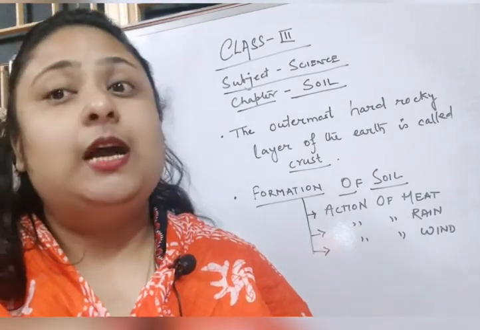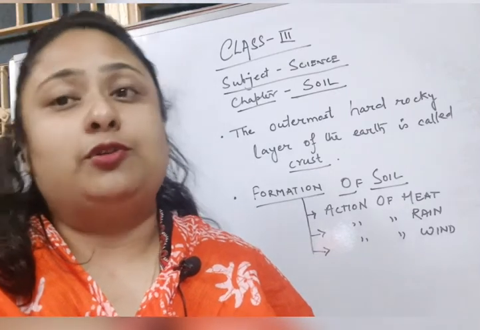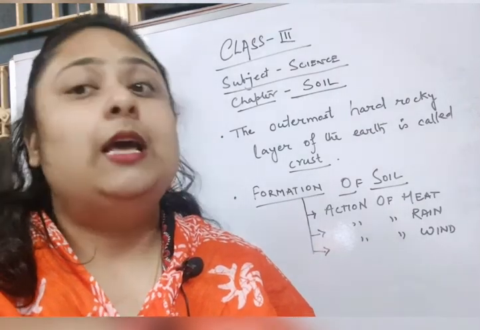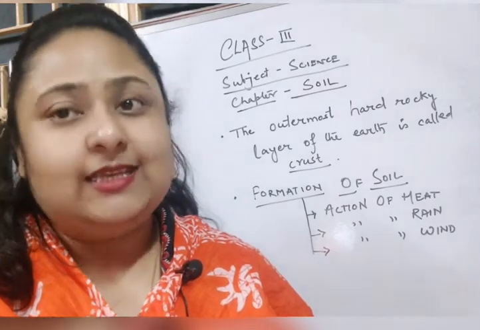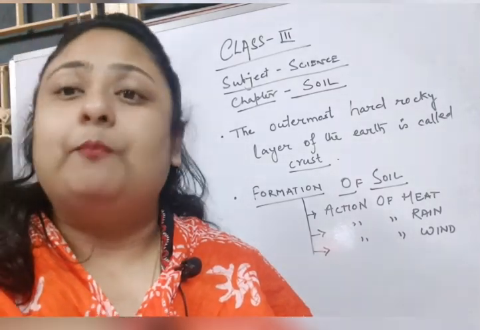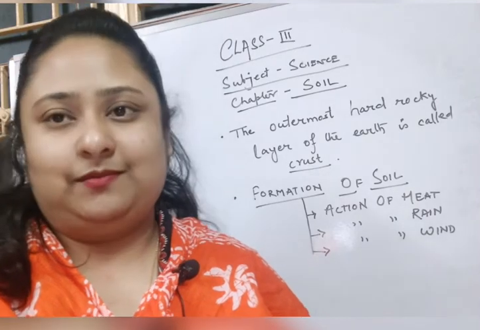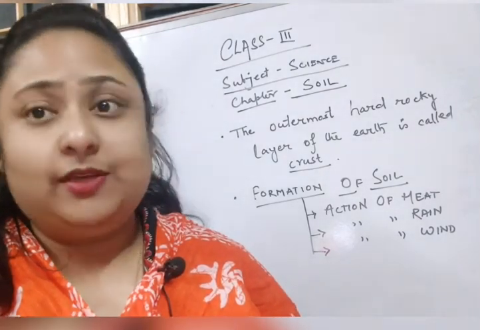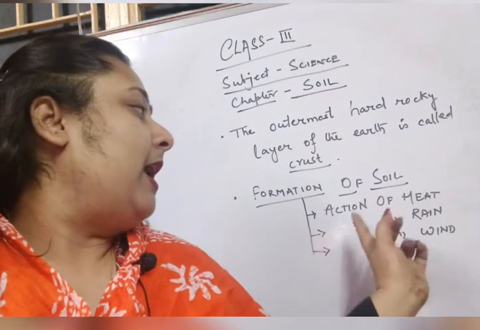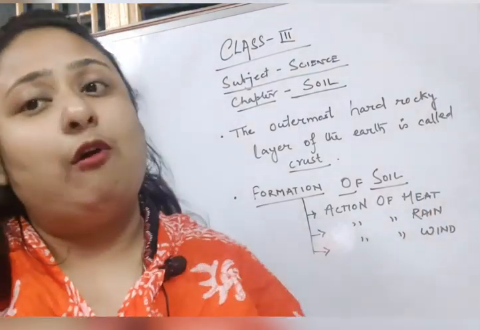Due to this continuous expansion and contraction of the rocks, cracks begin to occur within the rocks, and this in turn causes the breakage of the rocks. Now, children, let's move on to the next reason, that is the action of rain on the rocks.